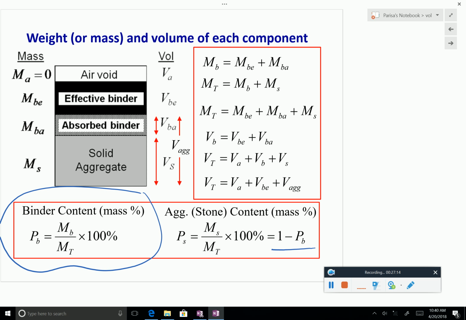Because the summation is basically the whole material, right? What does this remind you of? Dividing two masses in concrete? Moisture content, exactly. It should remind you of moisture content. Here you don't have moisture, you have binder content. So you divide two masses. Simple.